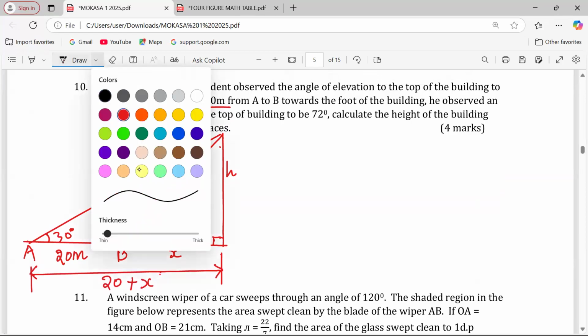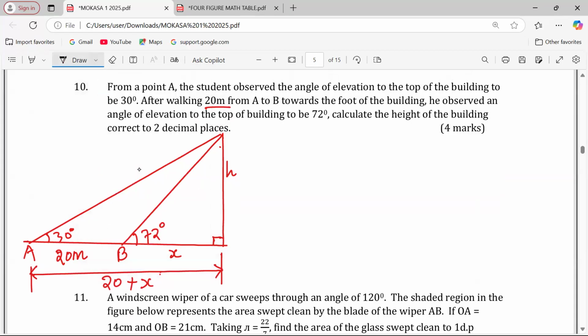Working with trigonometry, we know that the tan of 72 degrees, according to the smaller triangle, will be given by tan equals opposite over adjacent. So we can express H from this. H equals X tan 72.